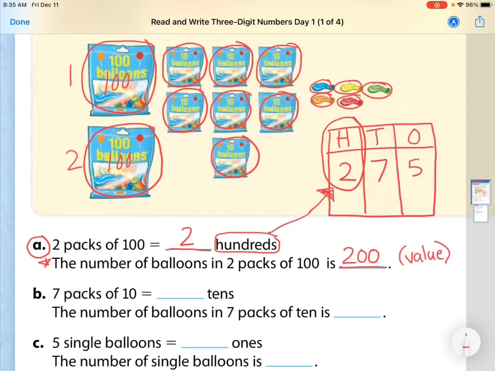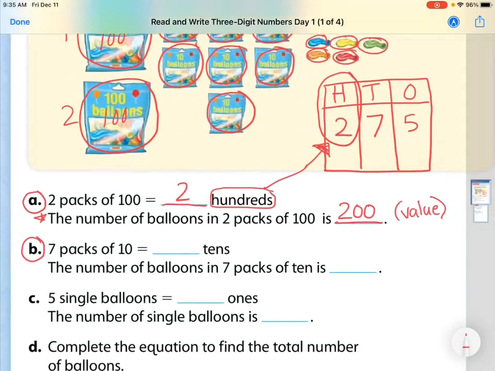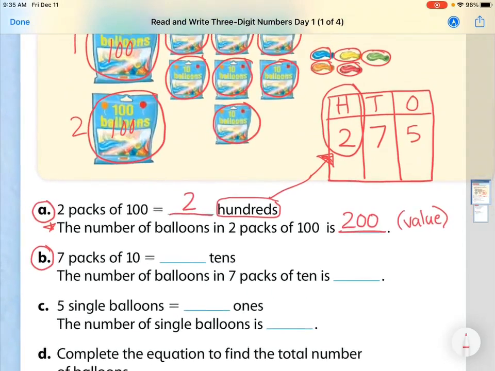So now I'm going to let you do B and see if you can complete B about the tens, and I'll read it for you. 7 packs of 10 equals how many tens? Remember, you're looking at the place value chart now. And then this part, the number of balloons in 7 packs of 10 is how many?